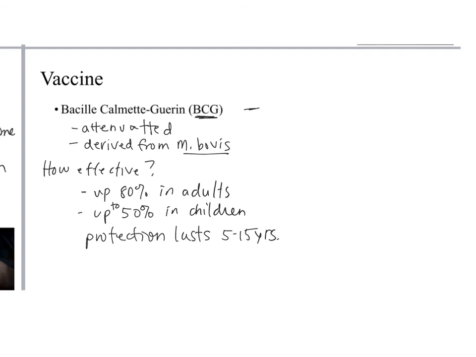So down the road, it makes it harder to diagnose you if you do get tuberculosis. This also does provide some protection against leprosy, a related disease. But we've had trouble developing a really good vaccine because, again, we don't have a good animal model for TB. So it's difficult to imitate it and makes it harder to come up with a vaccine.